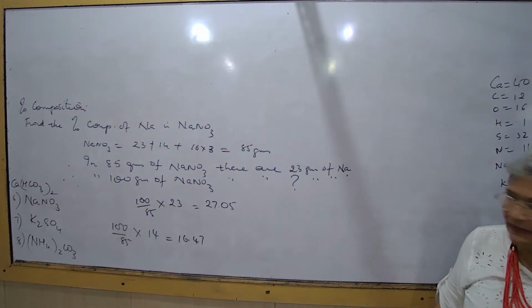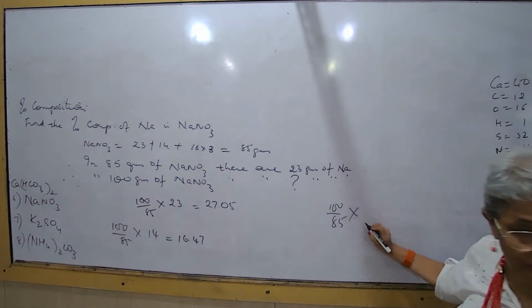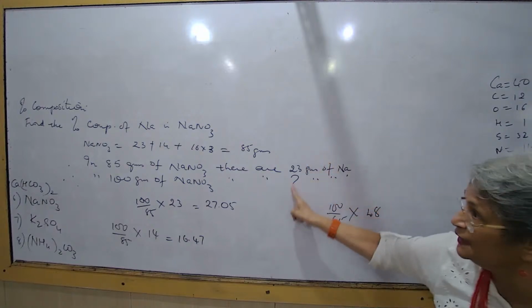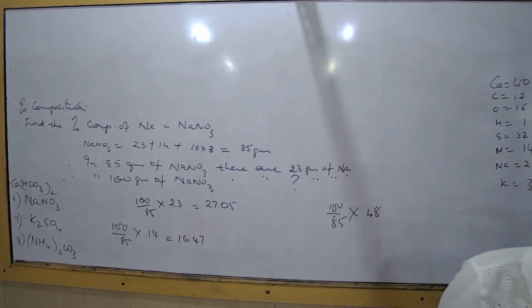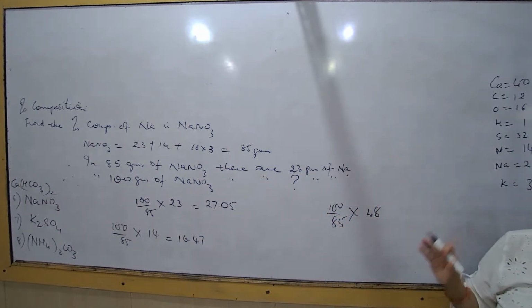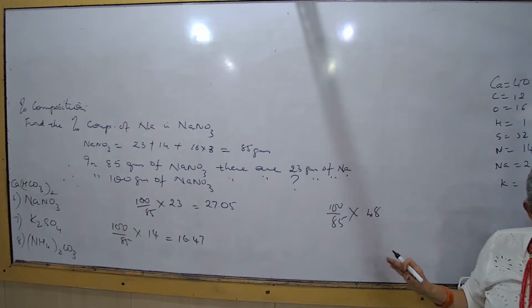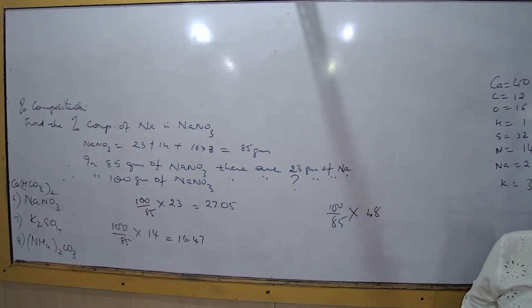100 upon 85 into 48. Now, if you give me figures like this, I'll give you one hard slap. I want explanation. You can copy this from somebody, but when you write like this, I know fully well you've done it on your own. Give me statements. In 85 grams of sodium nitrate, there are 48 grams of oxygen. Then in 100 grams of sodium nitrate, there are how many grams of oxygen?